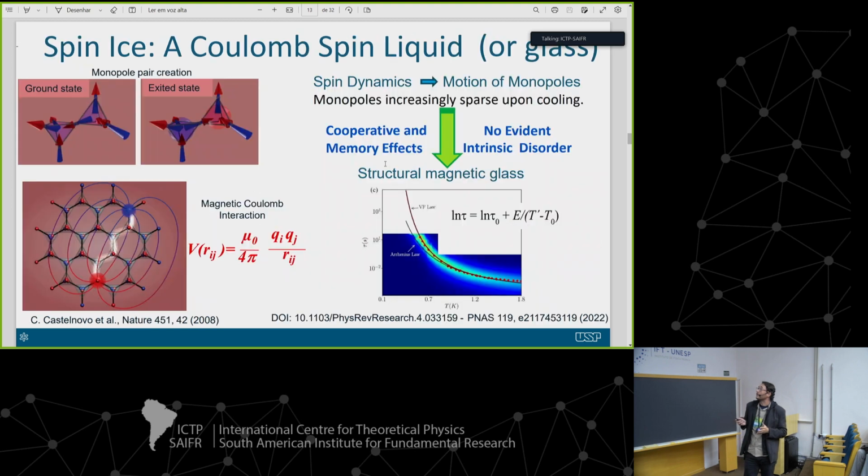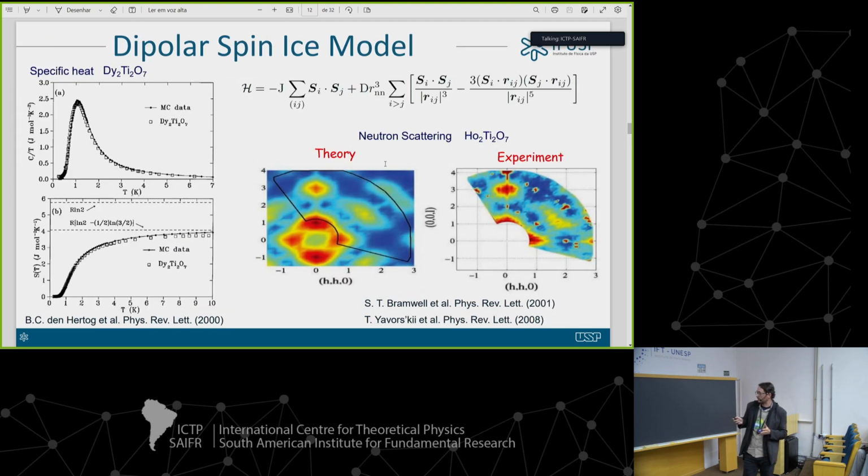So with this model, we were able to describe the specific heat data and also neutron scattering. Right, here's the theory based on this Hamiltonian, and that's the experimental data. Neutron scattering along the 001 plane.